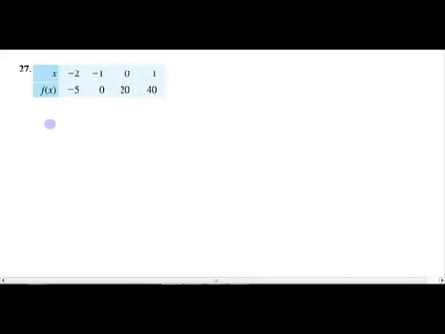Let's go ahead and try that. So the slope is y sub 2 minus y sub 1 all over x sub 2 minus x sub 1. So we have a 5 over 1, which is 5, a slope of 5.